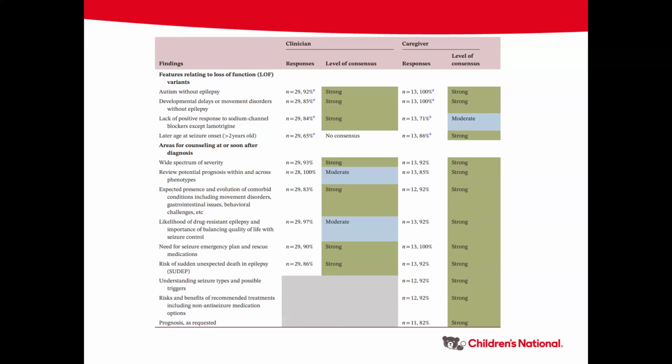And then recommendations in regards to counseling are included here. These are things that caregivers also felt very strongly about, but there was a lot of consensus around these different points that are important to counsel families about, including the phenotypic spectrum, comorbidities, the likelihood of drug-resistant epilepsy, a seizure action plan or rescue plan, risk of SUDEP, and other items.